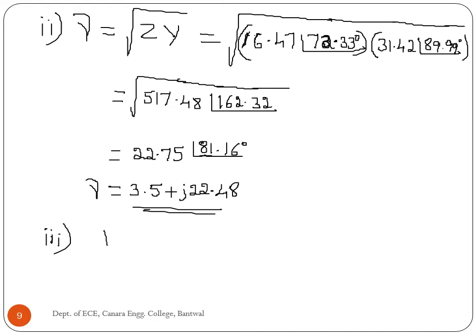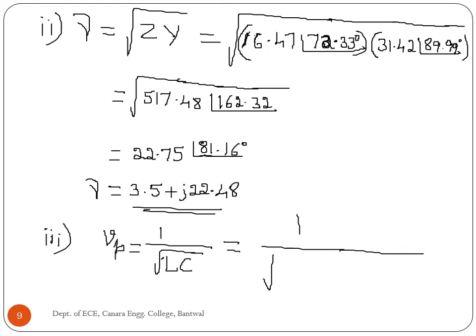Phase velocity is given by Vp is equal to 1 by root LC, which is equal to 1 divided by root of the L value. L is 2.5 milli, 10 to the power minus 3.